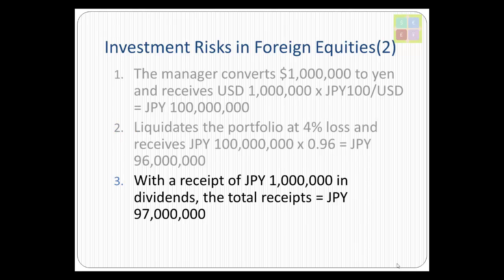And there is going to be 1 million yen received in dividends. So the total amount the manager receives upon liquidation is 96 million yen plus 1 million yen in dividends, and that equals 97 million yen.